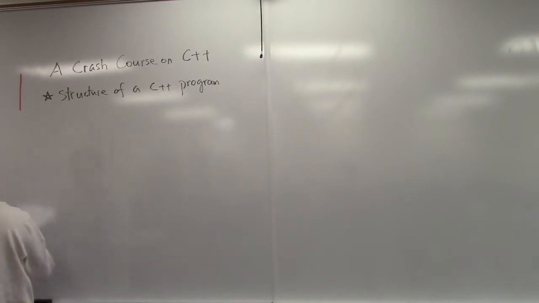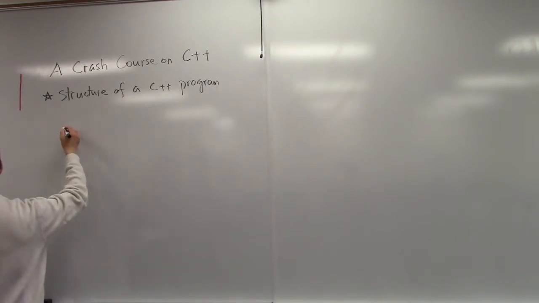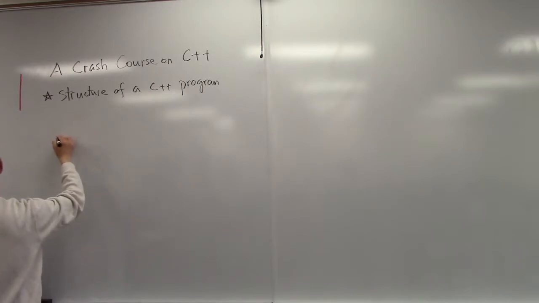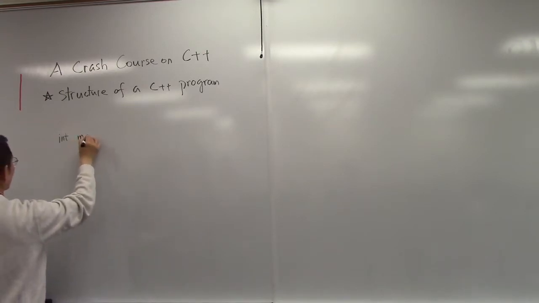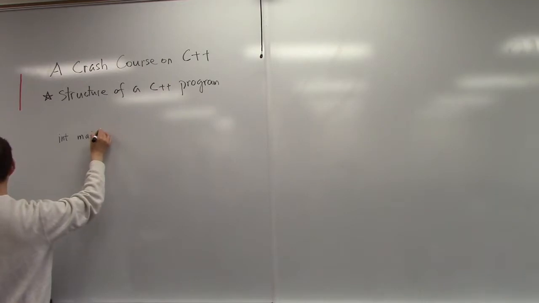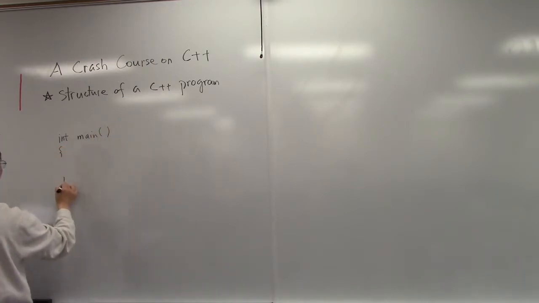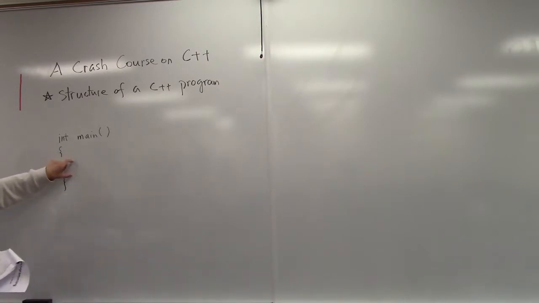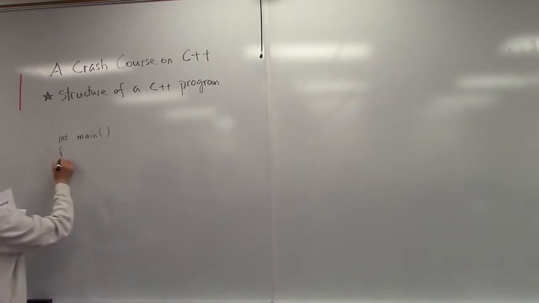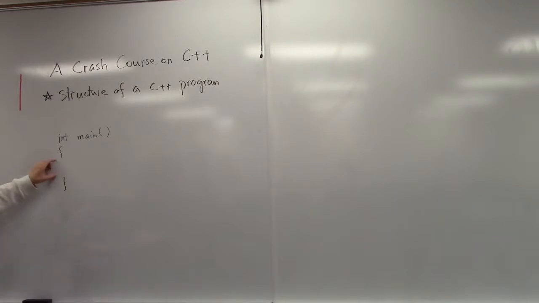We have the main. The program itself is integer type, and then the function main. And then, like that. And the body of the program is enclosed by a pair of curly brackets. We write it this way just for readability. You don't have to write it like this, okay?